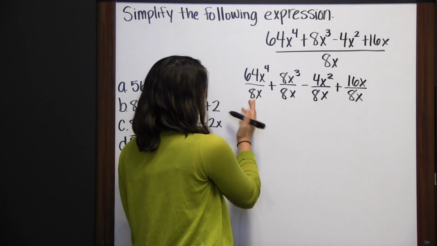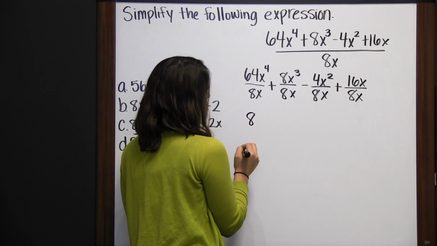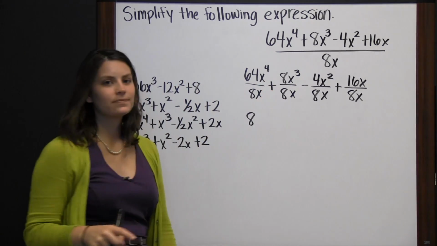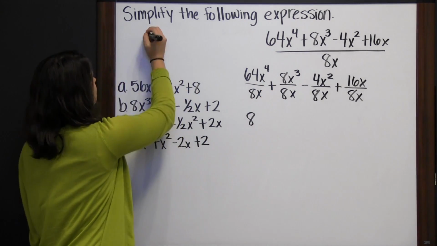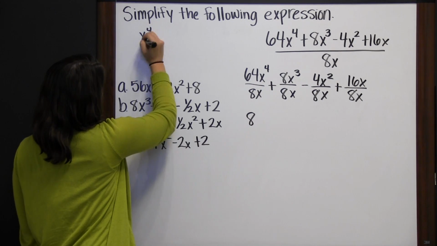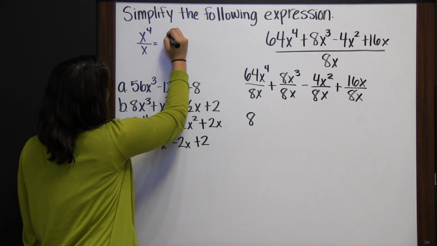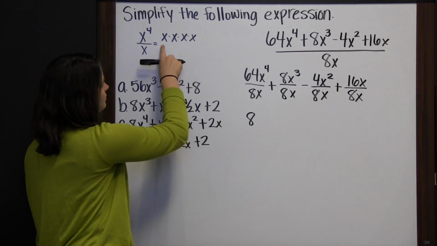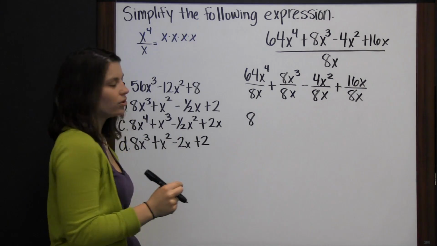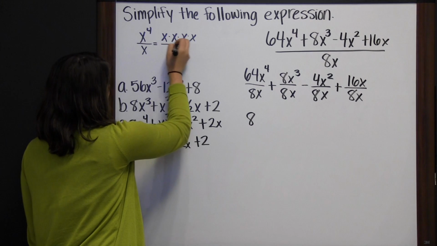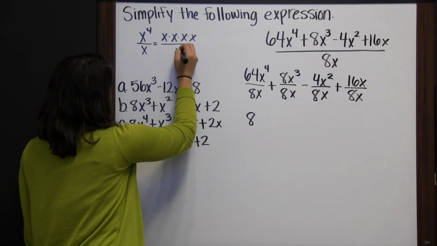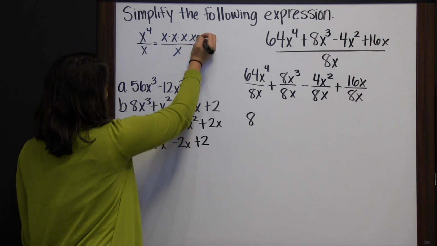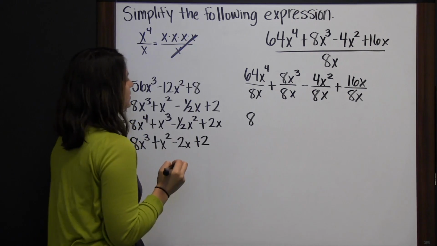64 divided by 8 is 8. And x to the 4th divided by x, well, let's see what that looks like. x to the 4th divided by x is x times x times x times x, x times itself 4 times, divided by x. x divided by x is 1, so those cancel.